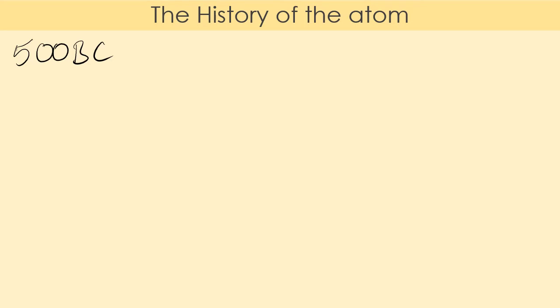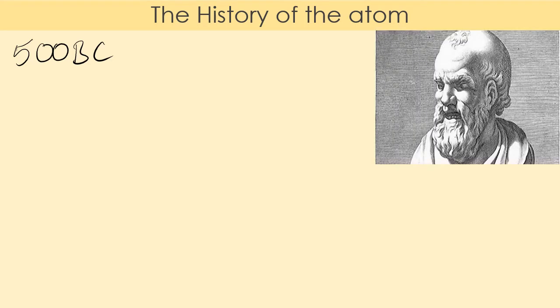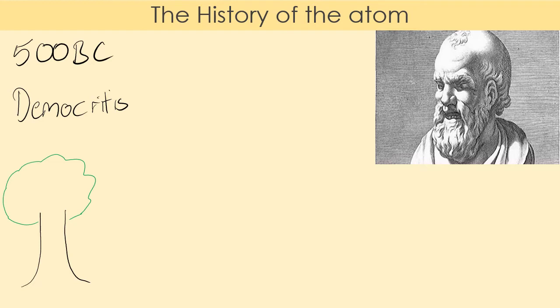So our story starts in around 500 BC. We are in ancient Greece with a philosopher called Democritus. Now, Democritus decided that all matter was made up of tiny particles called atoms. So we have a tree.